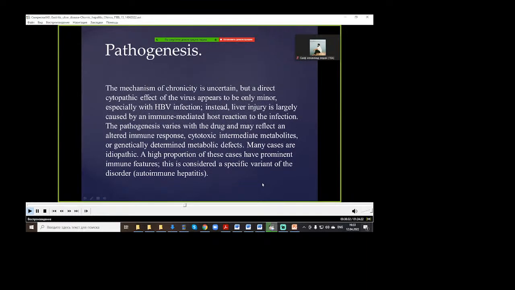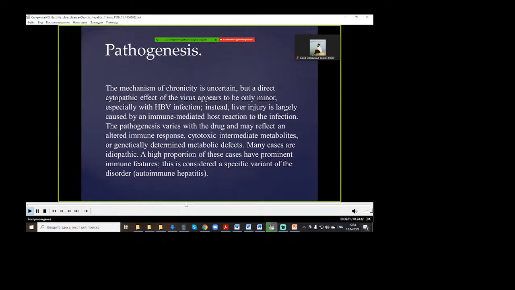Pathogenesis of chronic hepatitis. The mechanism of chronicity is uncertain, but a direct cytopathic effect of the virus appears to be only minor, especially with hepatitis B viral infection. Instead, the liver injury is largely caused by an immune-mediated host reaction to the infection.